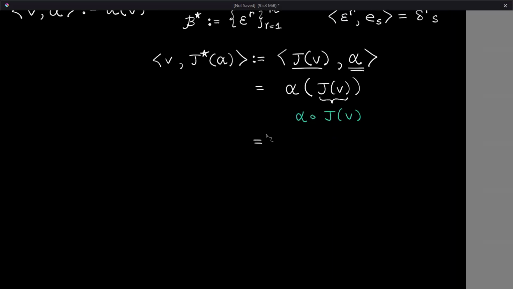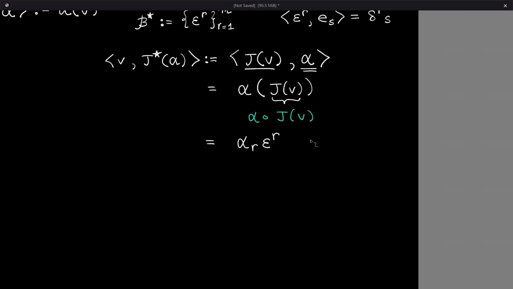If we continue with that, now we're going to decompose it in the dual basis, alpha R, epsilon R. This is where the stuff that we talked about, tangent spaces and cotangent spaces and their coordinate bases, start to come in.